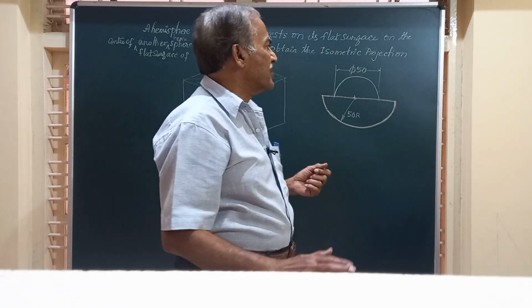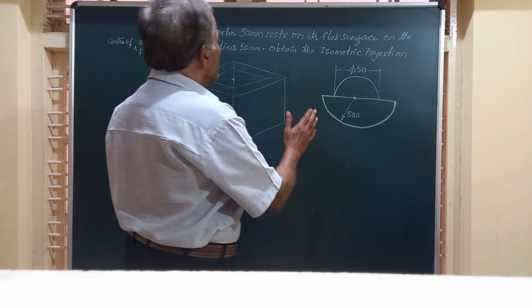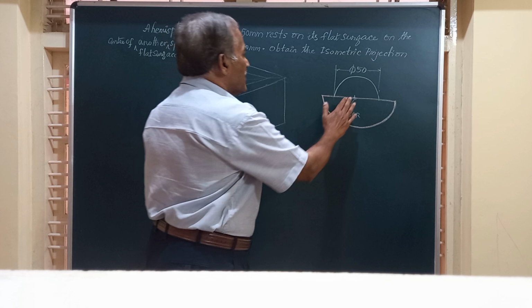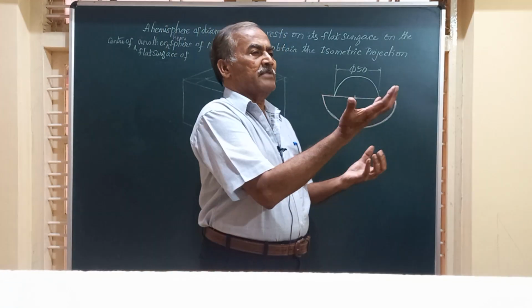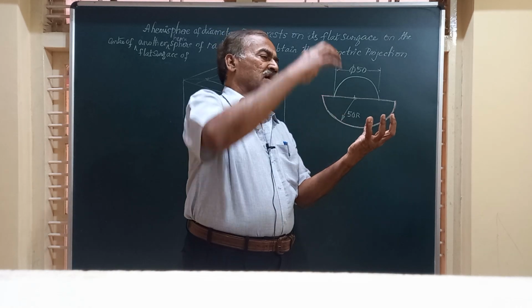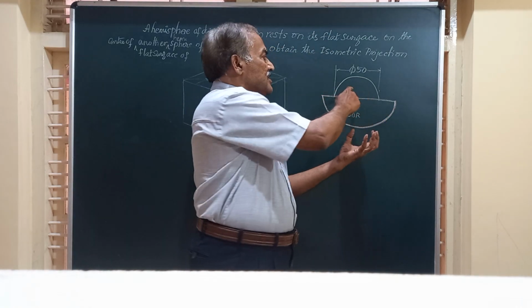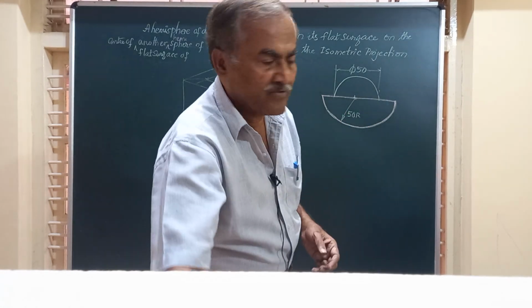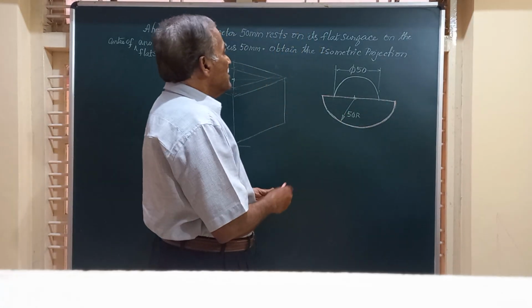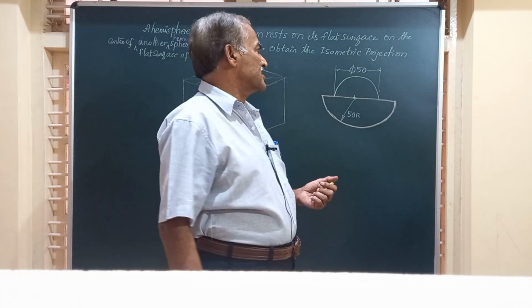We are required to draw the isometric projection of the combination of these two. So, there is a big hemisphere on which another small hemisphere is resting like this, and we need to draw the isometric projection of the combination of solids.